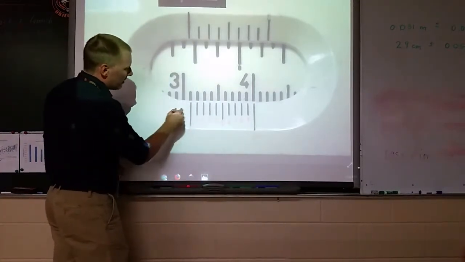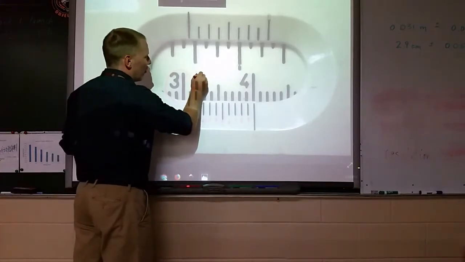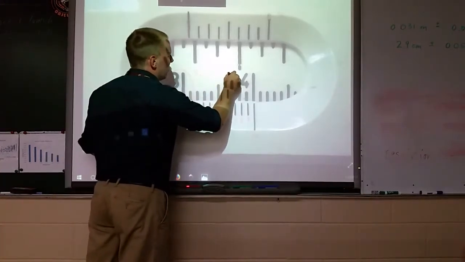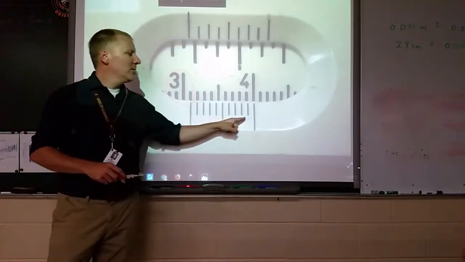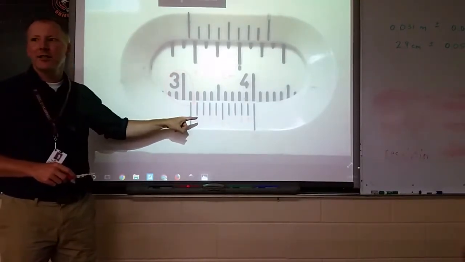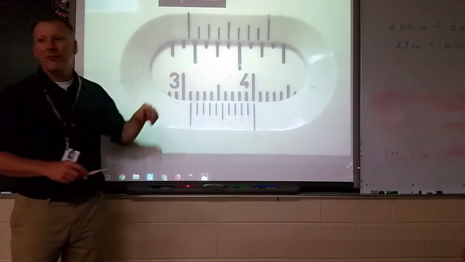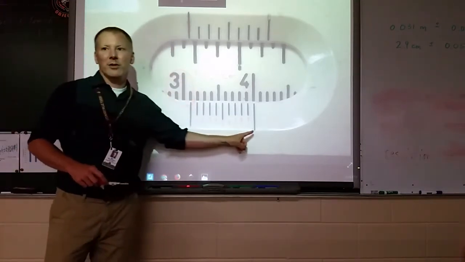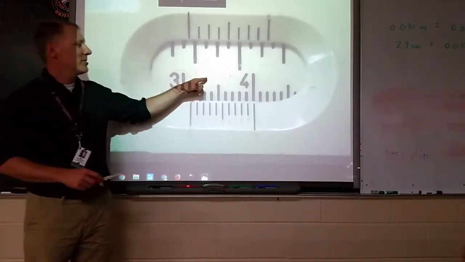So my first part tells me it's probably 3.1 centimeters. Go through and see which of your lines under here lines up best with the line above it. That will be our final digit based on these numbers across. If it's this first big one, then our last digit is 0.